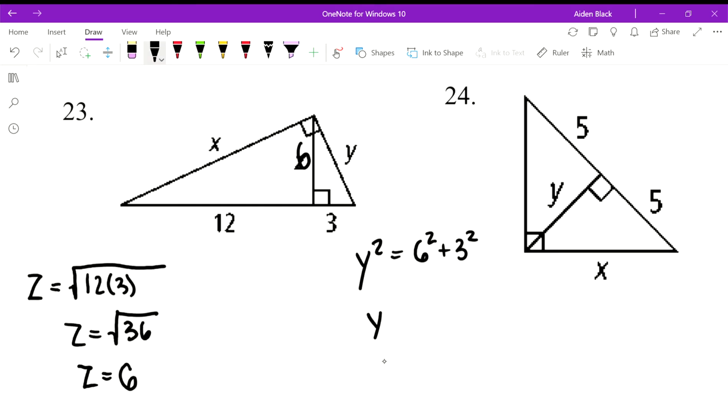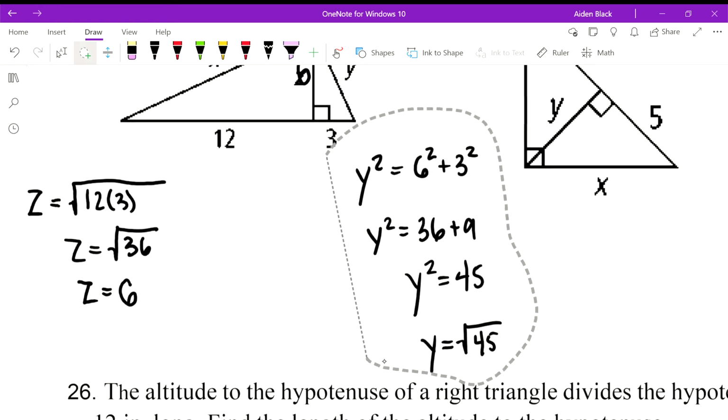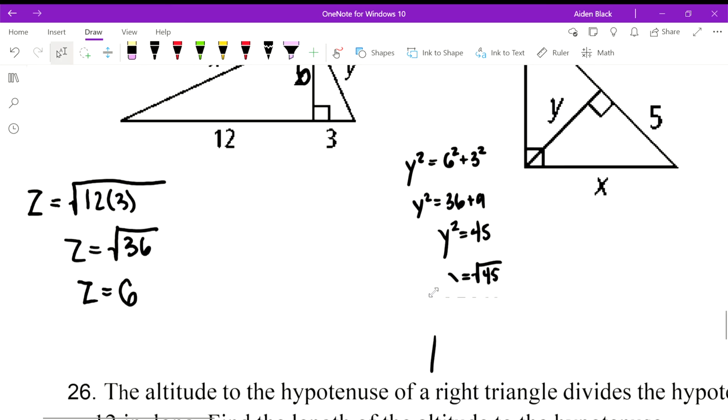So y squared is equal to 36 plus 9. Y squared is equal to 45. But remember, we want y, not y squared. So when we take the square root of both sides, we end up with square root 45. Cool. So we'll put that on the side.